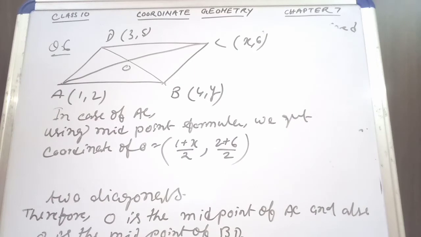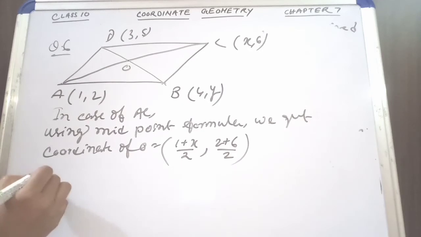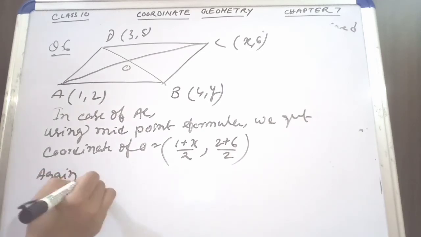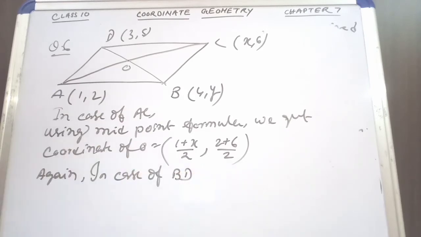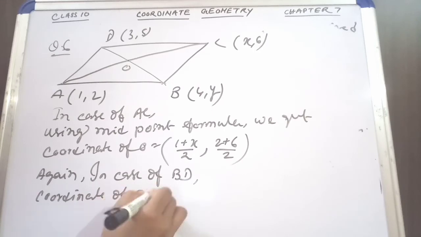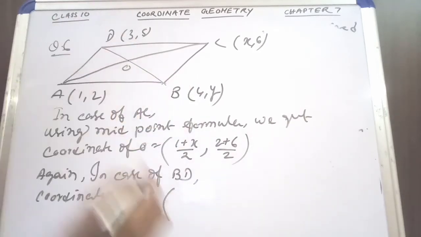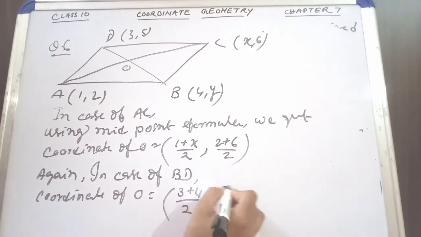And again in case of BD, the coordinate of O is similarly x1 plus x2 by 2, that means 3 plus 4 upon 2, and 5 plus y upon 2. Now this is the coordinate of O and this is also the coordinate of O.